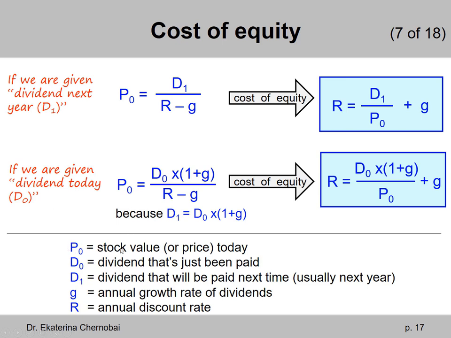Okay, so P0 is stock value or stock price today, D0 is dividend that has just been paid or current dividend, D1 is dividend that will be paid next time, usually in 1 year, g is the annual growth rate in dividends in percent, and R is also in percent. That's the annual discount rate or the return on stock investment from the investor's perspective, or in chapter 14, from the firm's perspective, this is the cost of equity. Okay, so we have just reviewed the formulas that allow us to calculate R, the cost of equity.